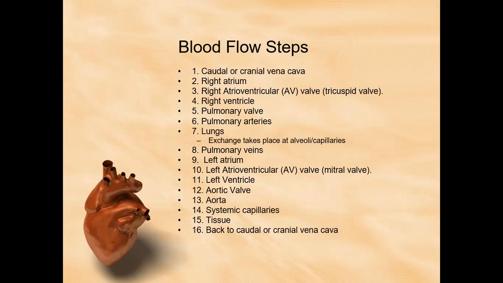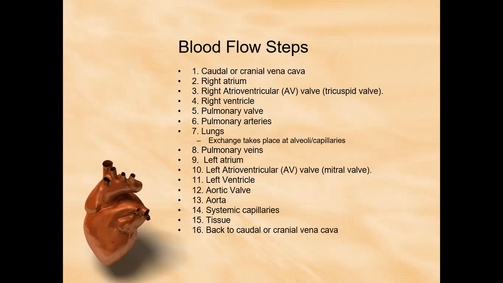The way I remember, it doesn't matter, arteries will always flow away from the heart. So just look at the direction of the blood. If it is flowing away, it has to be an artery, regardless of what it's carrying. So we pick up our shipment of oxygen, we drop off our shipment of carbon dioxide.